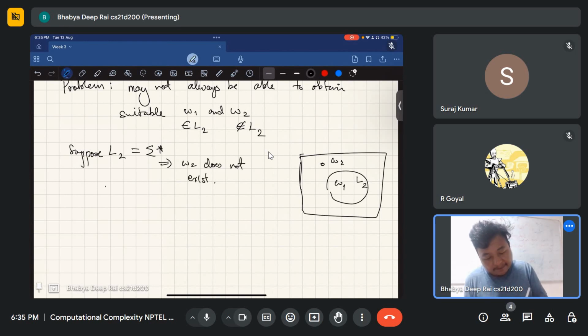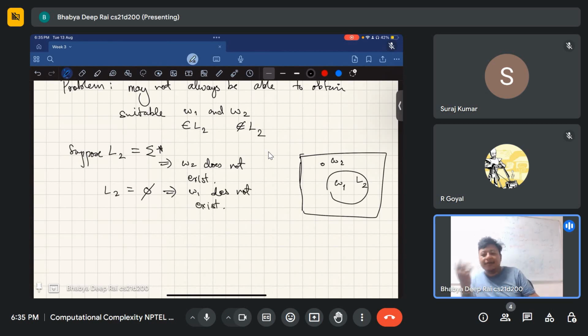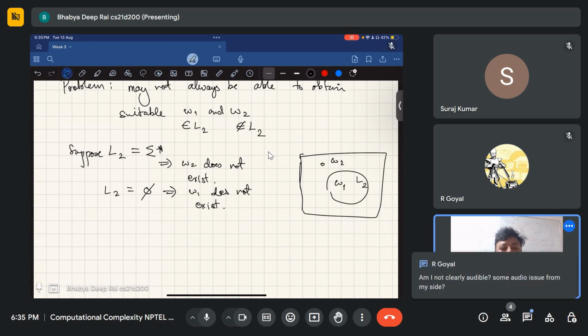And if L2 is equal to empty, then W1 does not exist. I want a string which belongs to L2, but since it is empty, I cannot give you a suitable W1. So this reduction does not work for two kinds of languages.